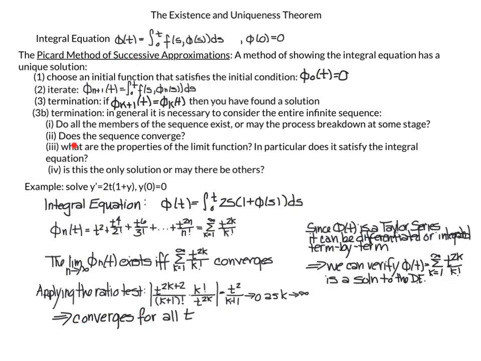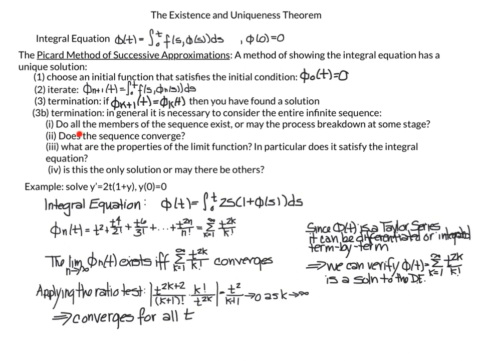So looking over here at the Picard method, we were never going to get the termination because phi of k plus 1 equals phi of k, but we did see that the solution was a series, in other words, a summation of a sequence of terms, and that by applying the ratio test to the series, we could see that it did converge.